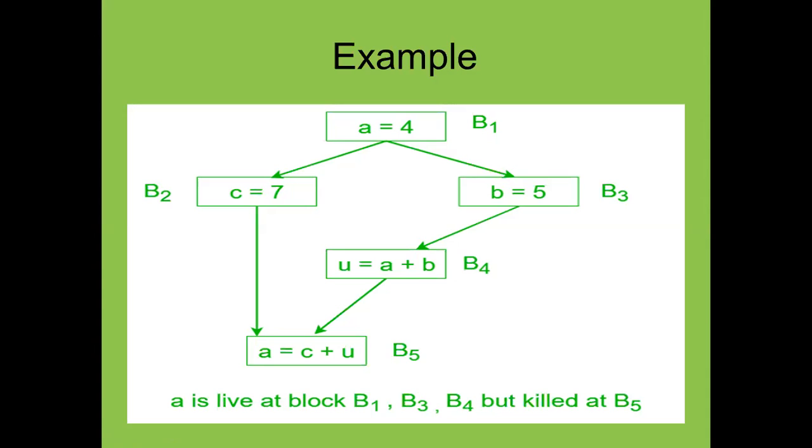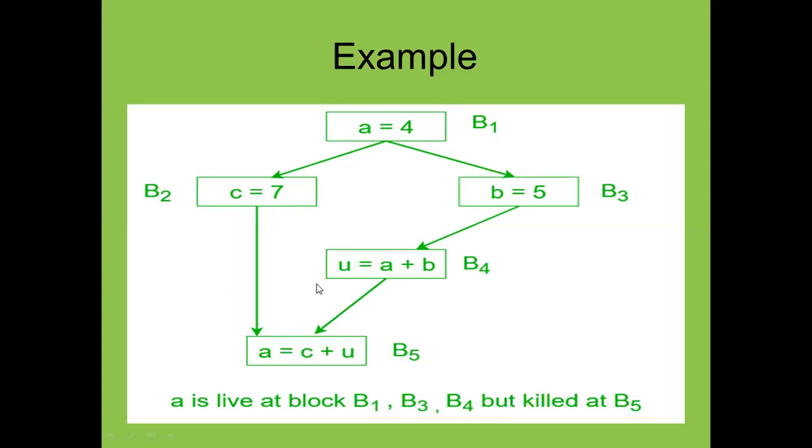This is 9 here, C plus U, and this is 16. So the value here is 16 and initially A is equal to 4. So here there is a failure of the value.